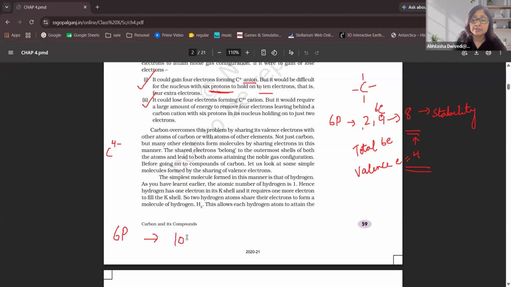The force of attraction will not be strong enough to keep it intact, so it will not be stable. And we are putting in the extra electrons to have stability, and that is not possible.